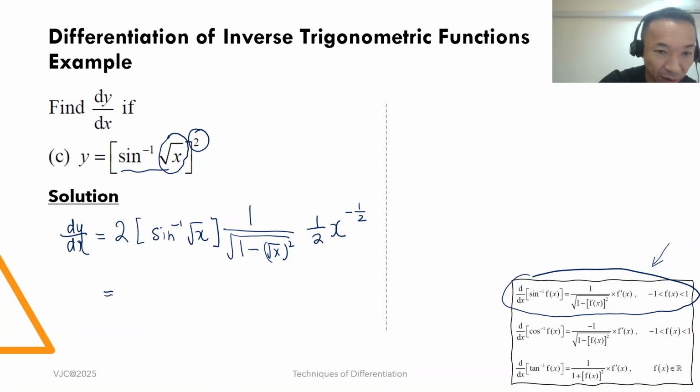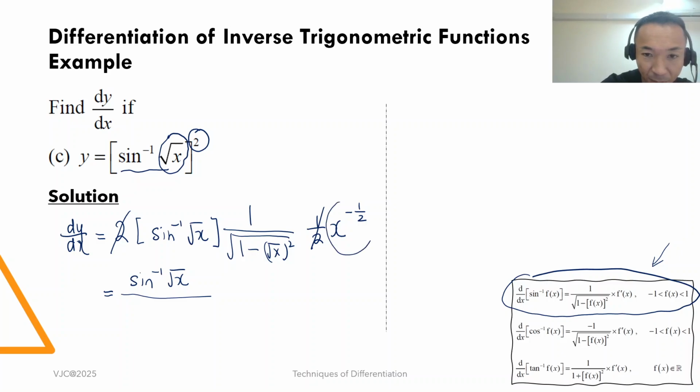So therefore, you get this. You get your numerator, your 2 and your half go. Then you have your numerator as arc sine square root x, divided by your x to the power of minus half, which is actually square root x in the denominator.